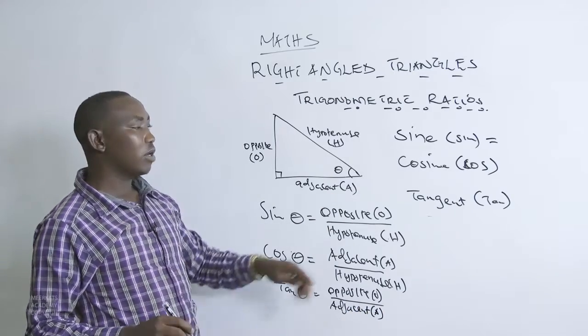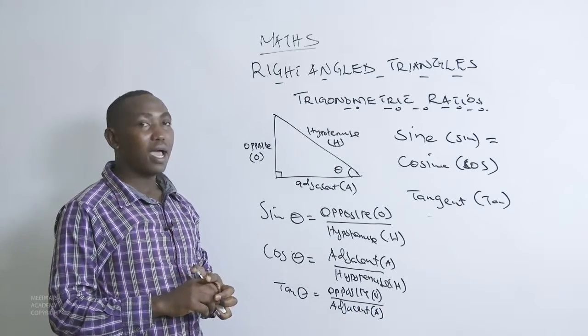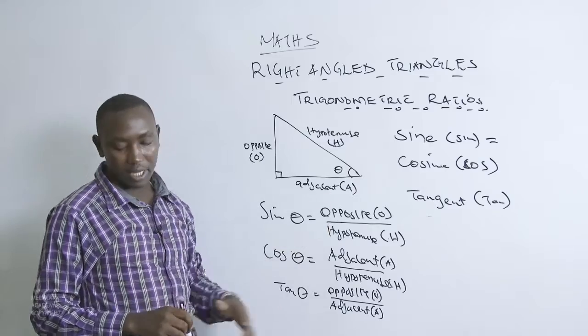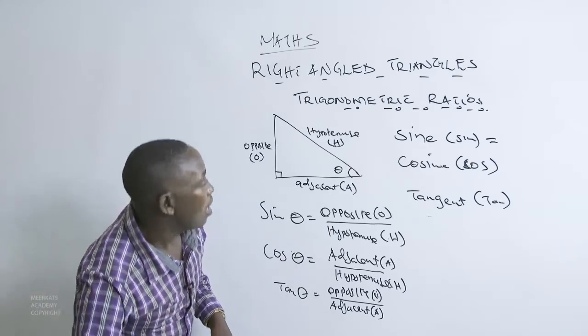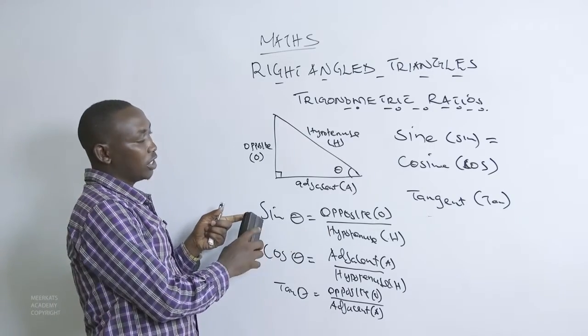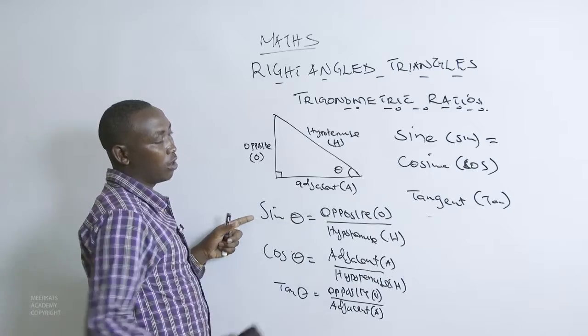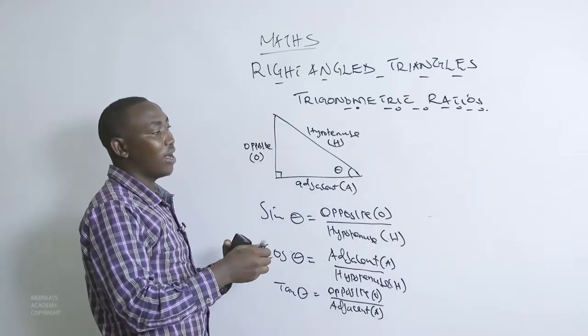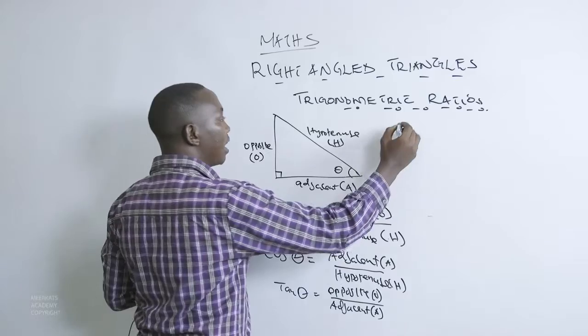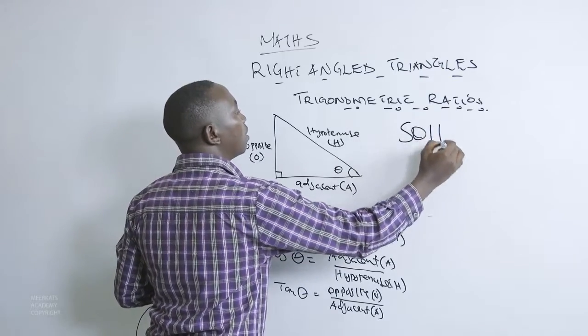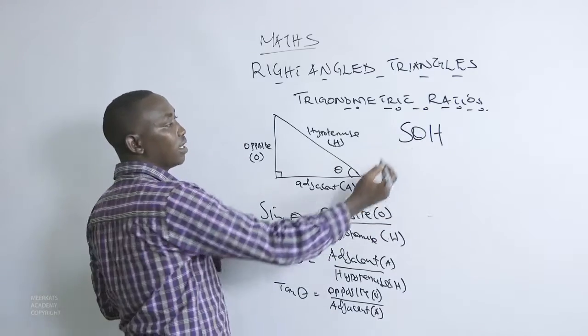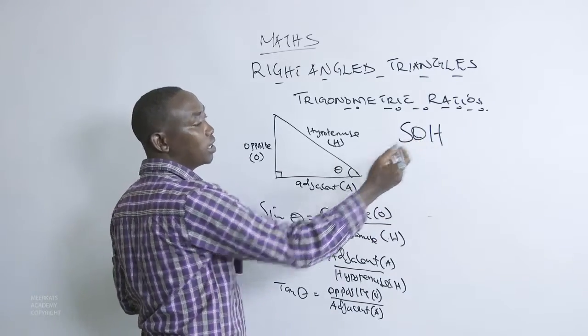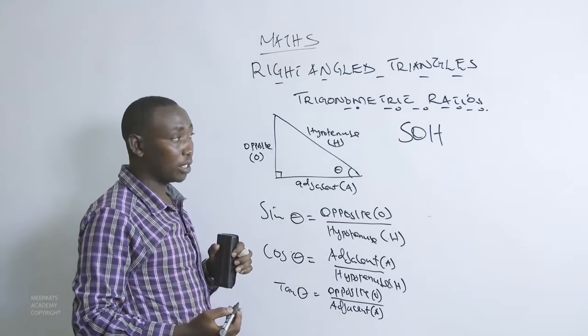In this particular case, we can make a summary of what all this entails. You can be able to see that if you're talking about sine, sine is opposite all over hypotenuse. And that will give us the first acronym, that is SO, meaning sine is equals to opposite all over hypotenuse.